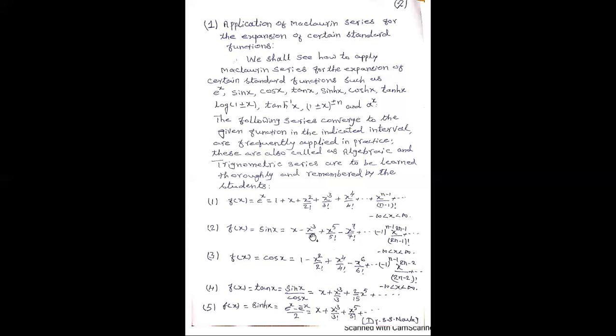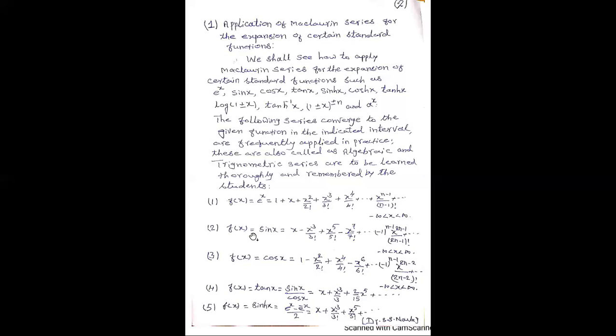The first is positive, second is negative, and so on. Again, where x lies between minus infinity to plus infinity. Now the nth term is minus 1 to the power n minus 1, x to the power 2n minus 1 divided by 2n minus 1 factorial.